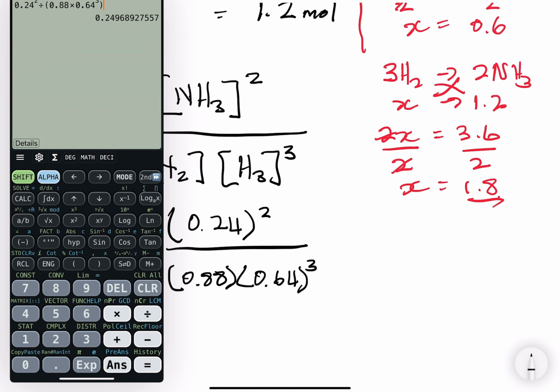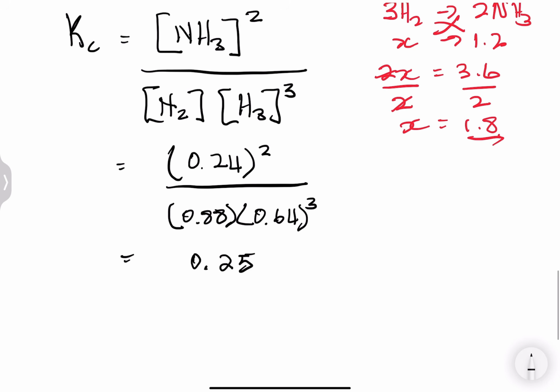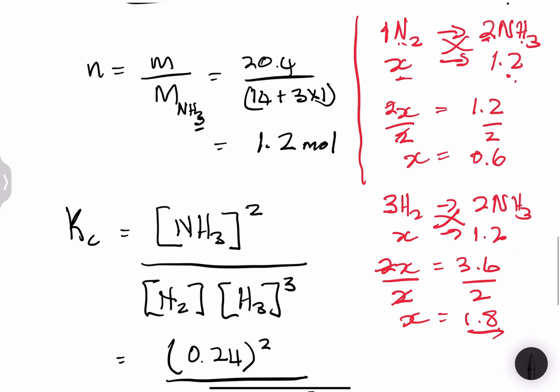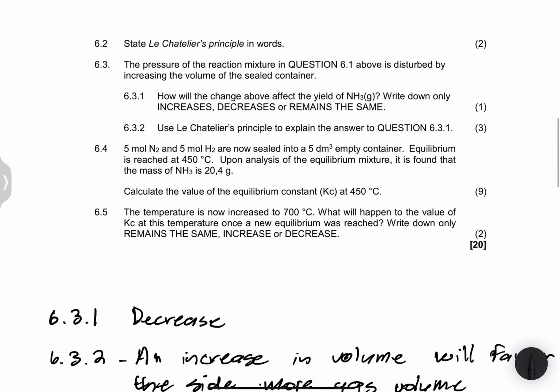Okay, so I get a value of 0.25. That's my equilibrium constant. So my Kc value is 0.25. And that, ladies and gents, is how the cookie crumbles.